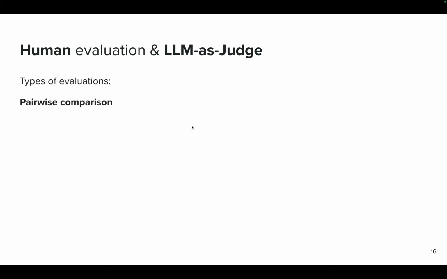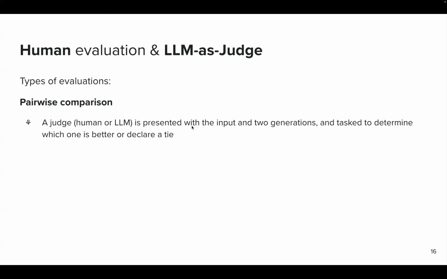Here, it's important that there is not a single human evaluation type. You can have at least two. So, for example, you can have so-called pairwise comparison, where your judge, either human or an LLM, is presented with the input. In text summarization, the input is one or more documents, and you present it with two generations.